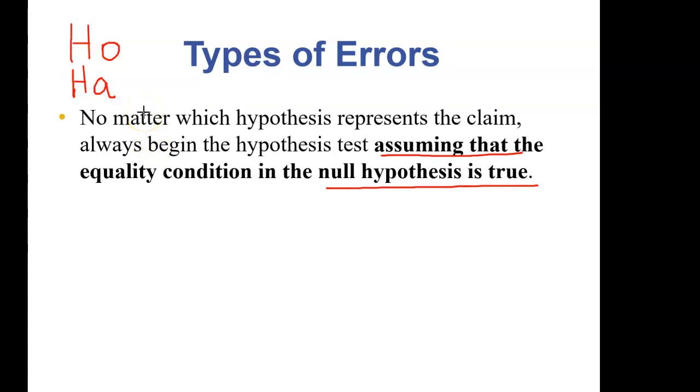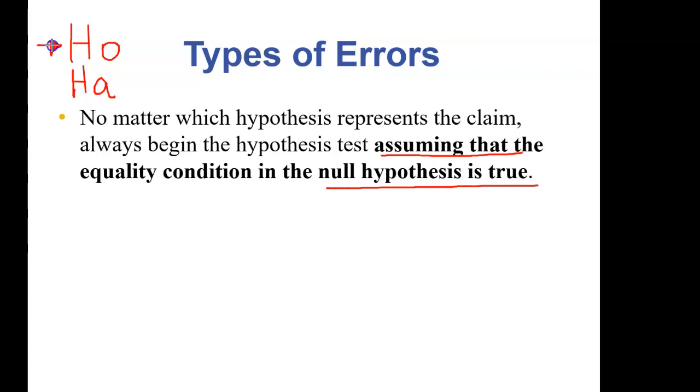In H naught and HA, remember H naught always has an equal to sign and HA does not have an equal to sign. It doesn't matter what your H naught and HA is. In your hypothesis testing, you start with assuming your null hypothesis is true.